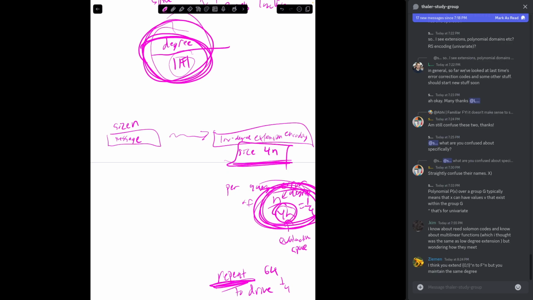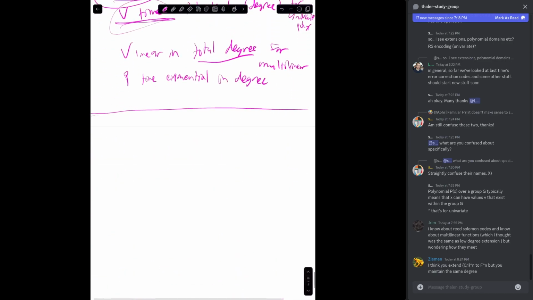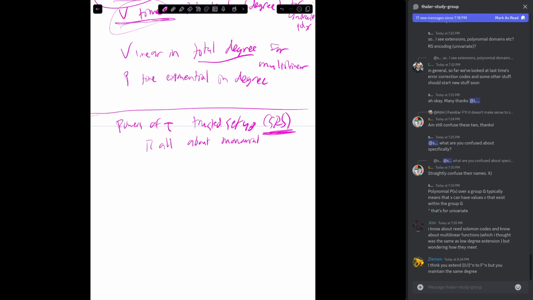Yeah. So basically, I think the univariate basis mainly comes up because of powers of tau, the trusted setup. The structured reference string is all about the monomial basis. In order to use this SRS, which is everyone's favorite SRS, you need to know the coefficients of the polynomial you want to commit to in the standard monomial basis.